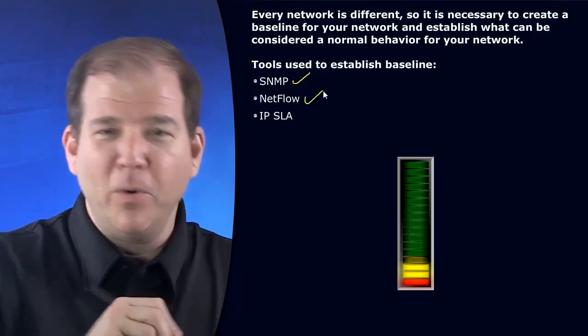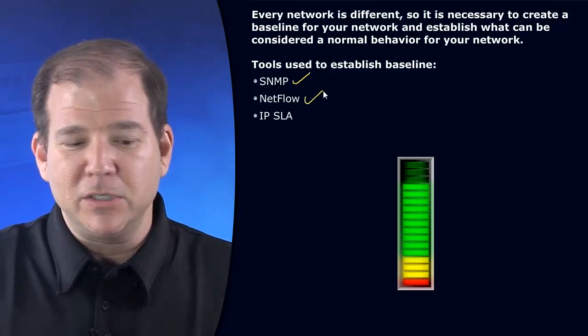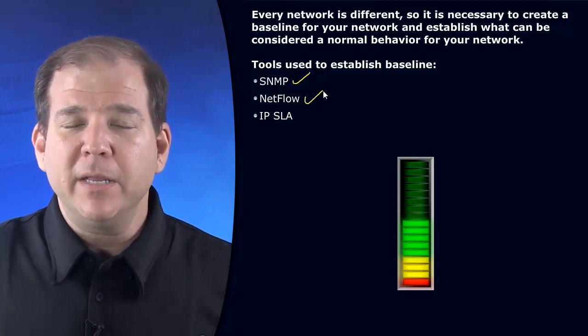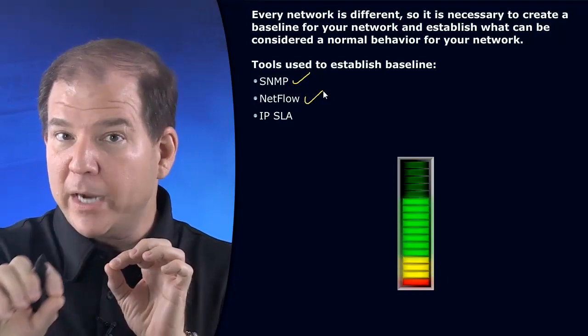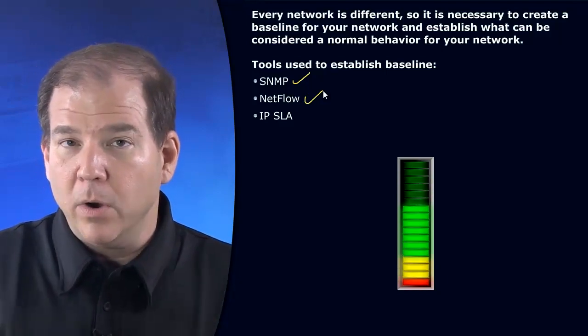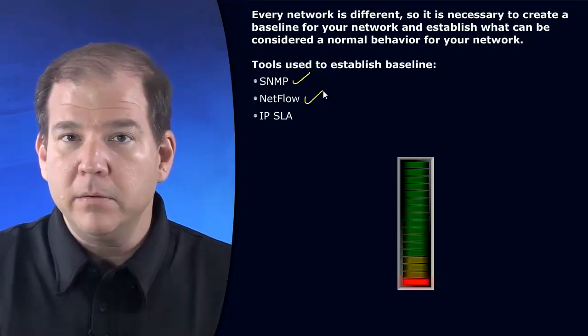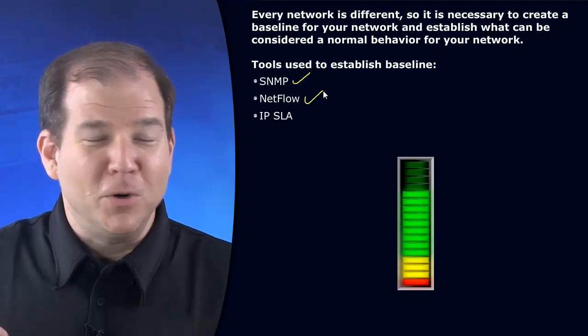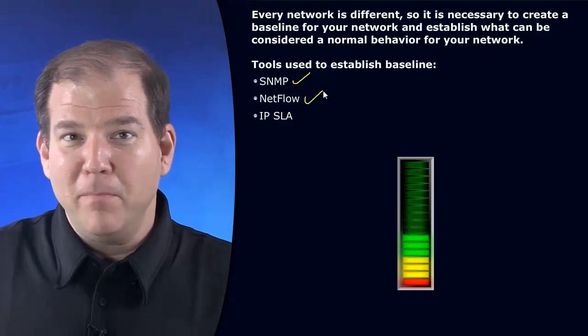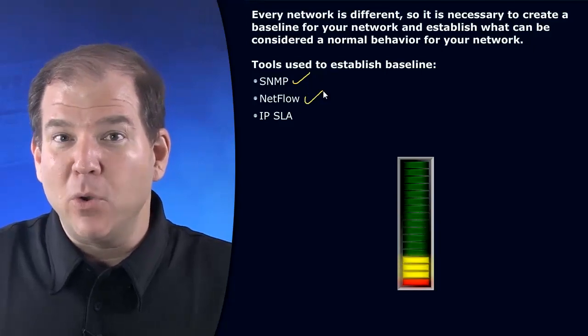One of my favorite ways of getting baseline information these days is to use NetFlow. NetFlow is going to give us information about individual flows, individual unidirectional streams in our network. You can do a lot just at the Cisco IOS command prompt with NetFlow, but to really enhance things, there are many companies out there that make NetFlow collectors.